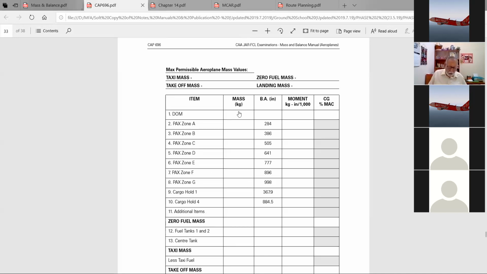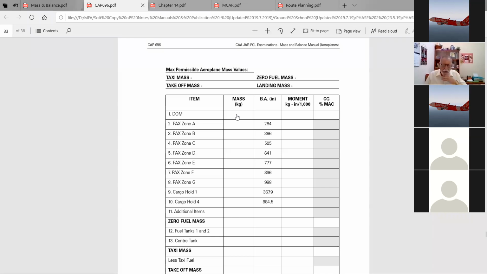Very briefly, if you refer to your pen drive and go to figure 2.16, page 63, I'll quickly explain that. It's a graph that is given.